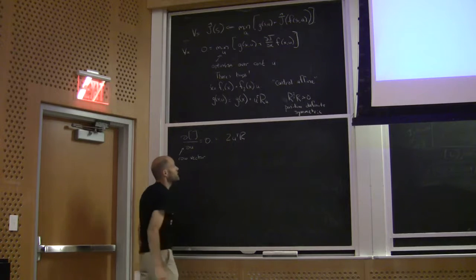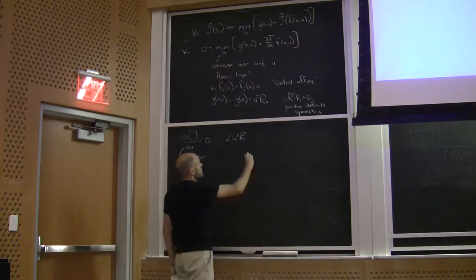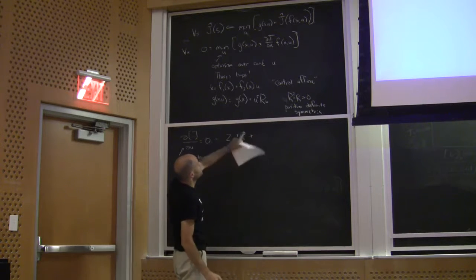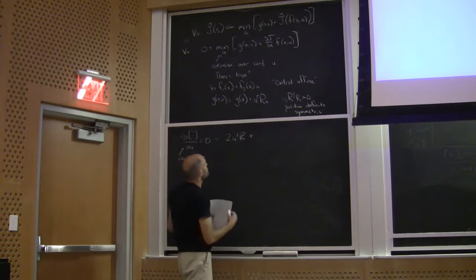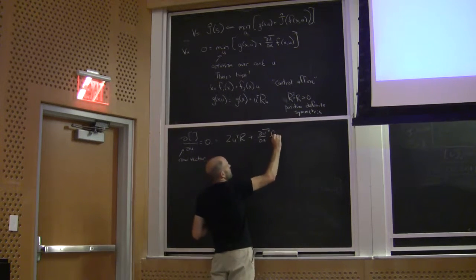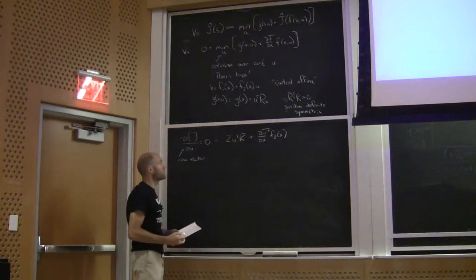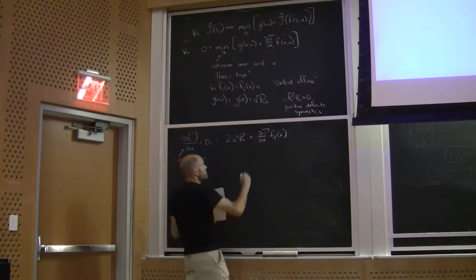And this is a row vector, right? Plus whatever's left on the other side, which is now going to be partial j partial x f2 of x, that's the whole thing transpose.